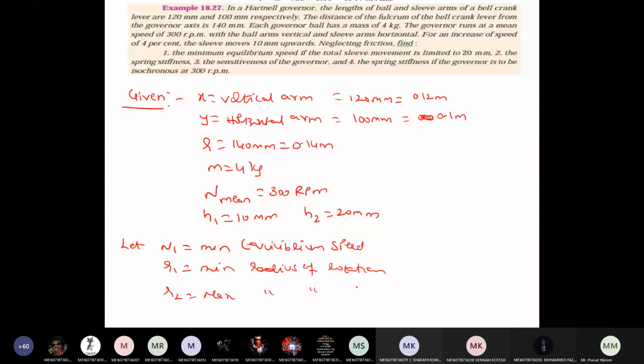Now, since the increase in speed is 4%, we need to find the maximum speed.